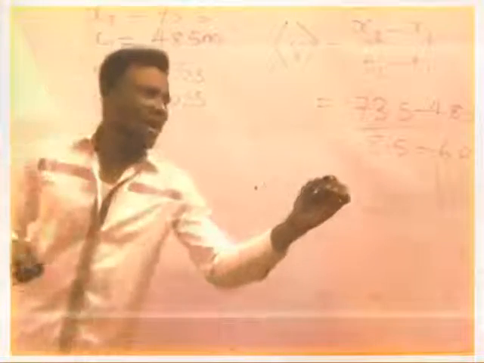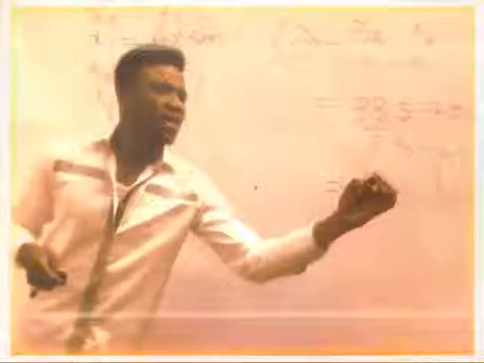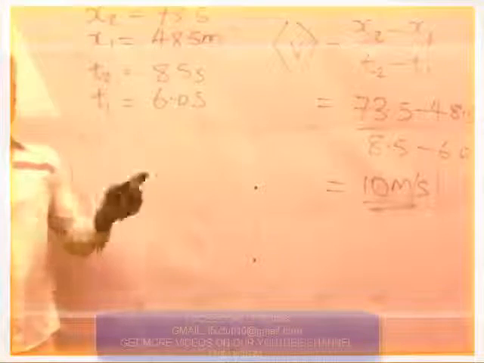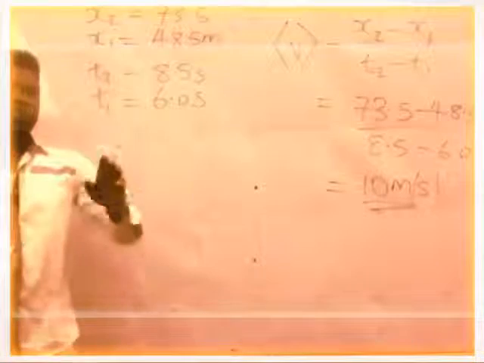So if we punch this correctly in our calculator, we should have an average velocity of 10 meters per second. So this is one way in which we expect to see the average velocity equation.